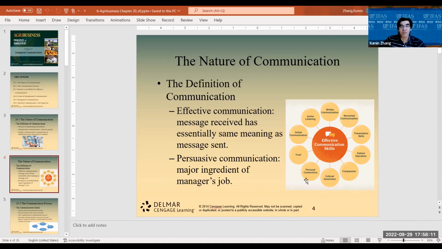As the manager, we need to convince others, convince people. So we call it persuasive communication. I think this is in addition to interpersonal communication, right? Interpersonal communication gives the manager a little bit more, which is to convince others.